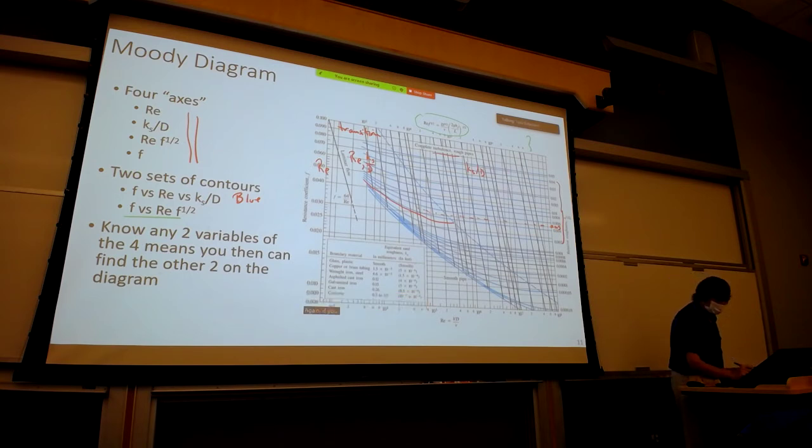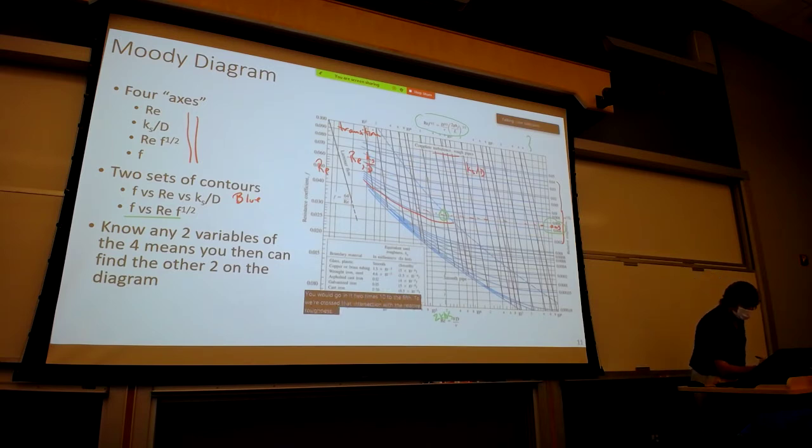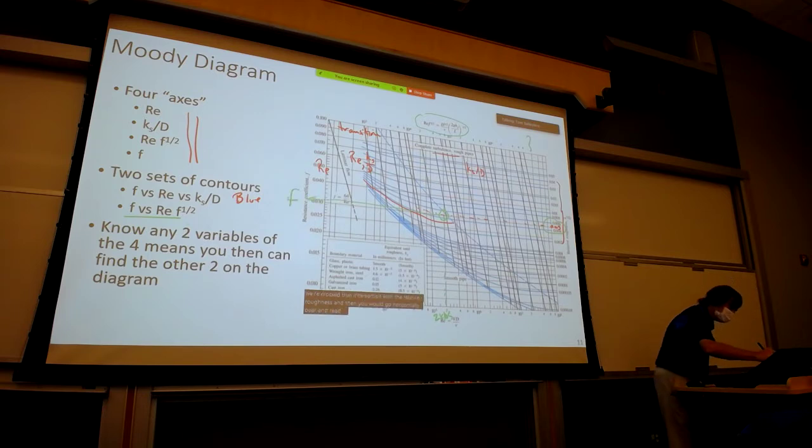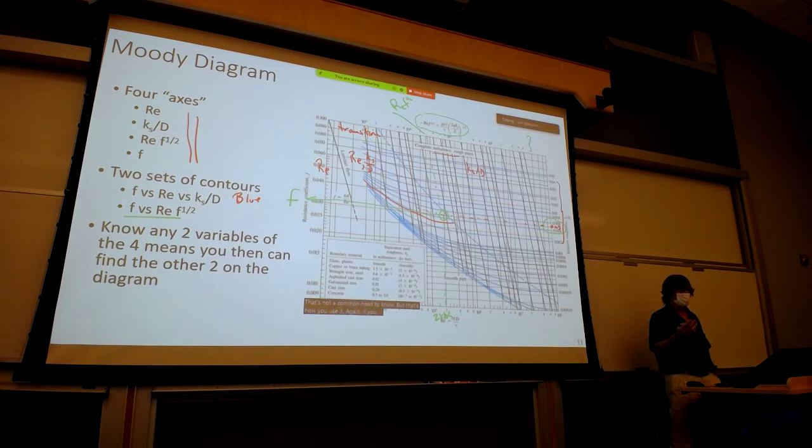Again, if you plotted Ks over D of 0.005 with a Reynolds number of 2 times 10 to the 5th, you would go in at 2 times 10 to the 5th to where it crossed that intersection with the relative roughness, and then you would go horizontally over and read f, and you would go parallel to the contours of Re f to the 1/2 to find the value of Re f to the 1/2. That's not a common need to know, but that's how you use it. Again, if you know any two, you know the other two.